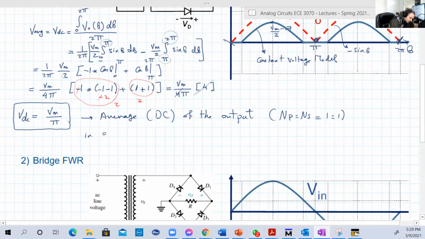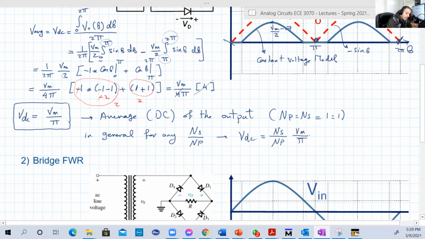So in general, for any ratio N secondary over N primary, VDC will be equal to NS over NP times V max over pi.